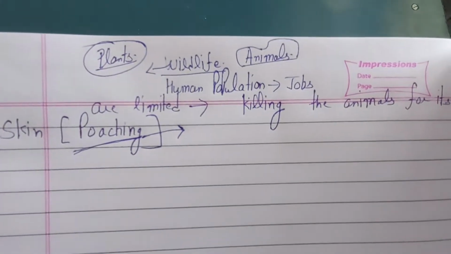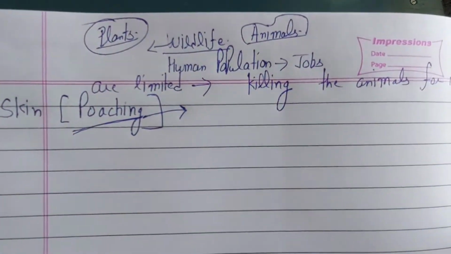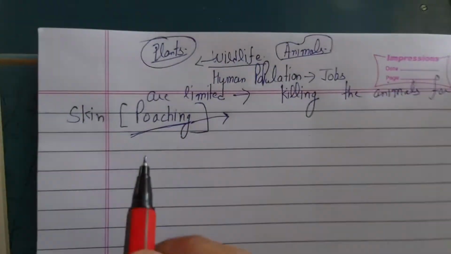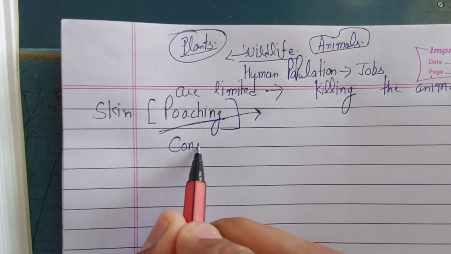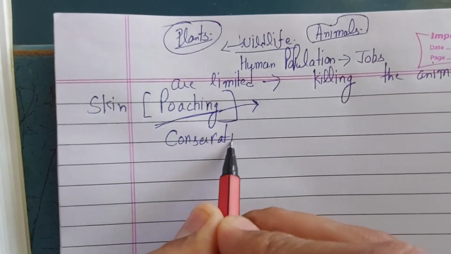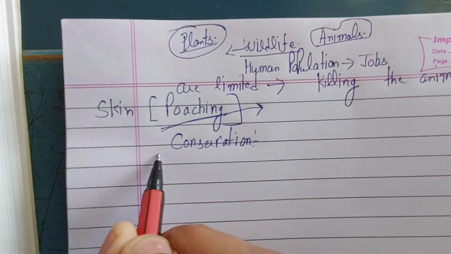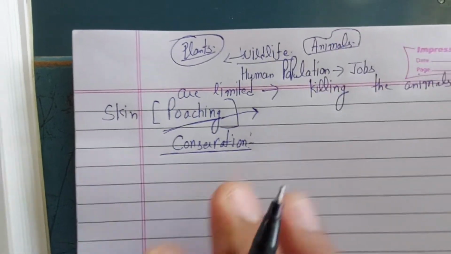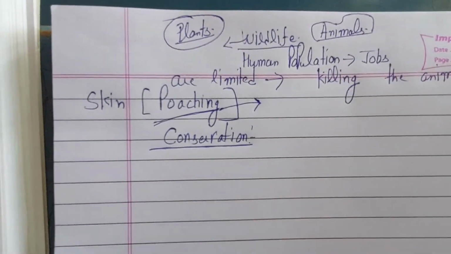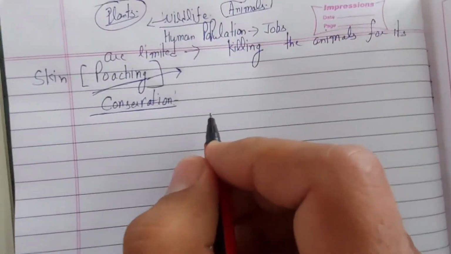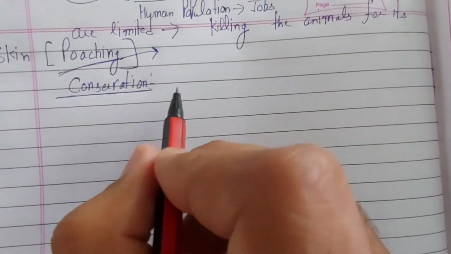Humans directly or indirectly depend on the plants and animals present in the forest, so the need for conservation is there. We have to save the animals and plants that are being reduced in number due to poaching by humans.